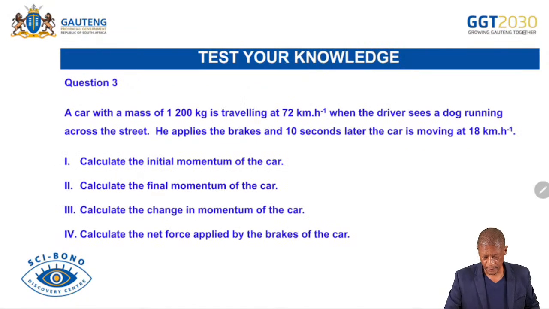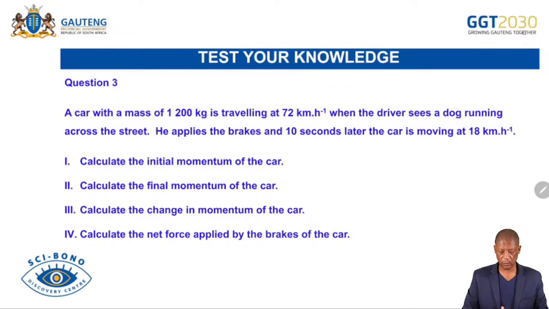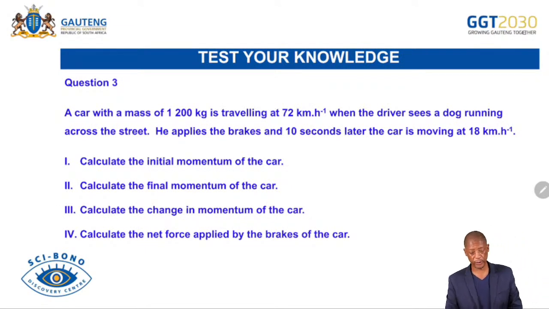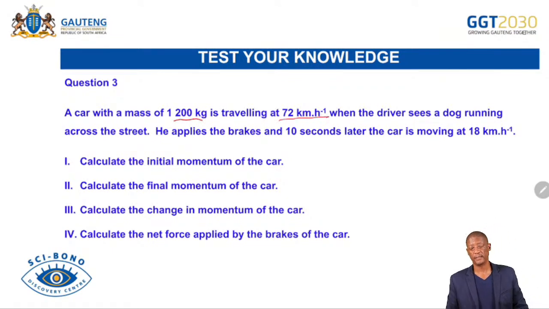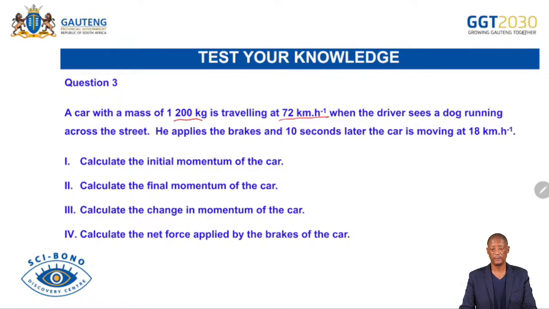All right. This is the question again that you are going to take and test your knowledge. Remember, we teach and assess. This is your assessment. You test your knowledge based on what we have done. So here, we are given the mass of this, and we are given what? Kilometers per hour.